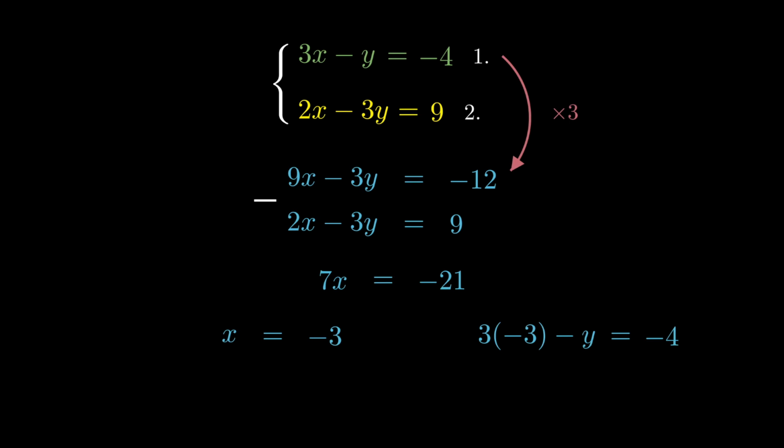Now when we expand this, we get minus 9 minus y is equal to minus 4. And when we rearrange this, our final answer is y is equal to minus 5. So I'll let you guys look at the working out for a bit, and now we'll move on to the final example.